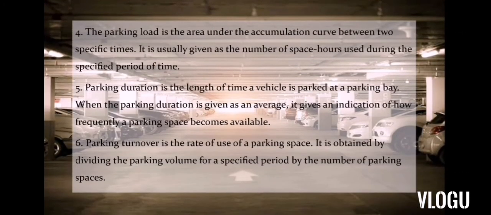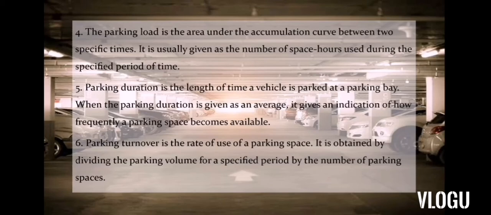Fourth, the parking load is the area under the accumulation curve between two specific times. It is usually given as the number of space hours used during the specific period of time. Fifth, parking duration is the length of time a vehicle is parked at a parking bay.